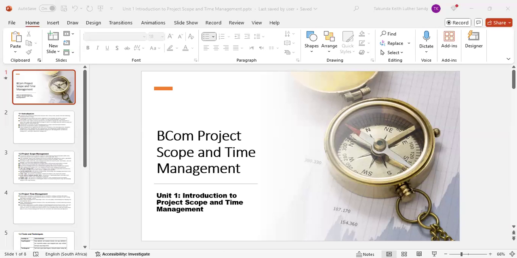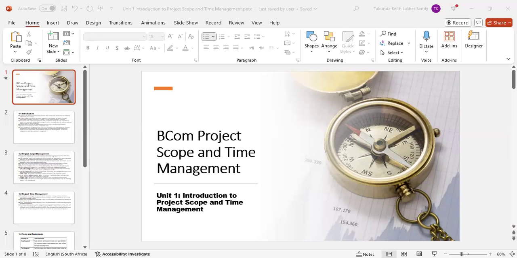From the scope statement, we'll look at the elements that comprise scope. We're going to look at, say, scope planning, scope definitions, and things alike. We're going to look also at the benefits of having scope statements in your project. All right.